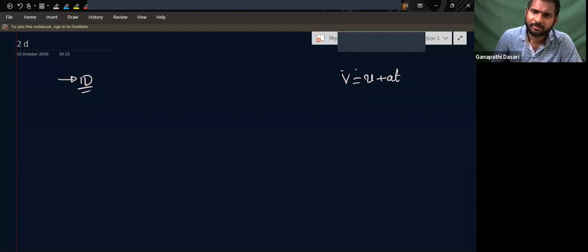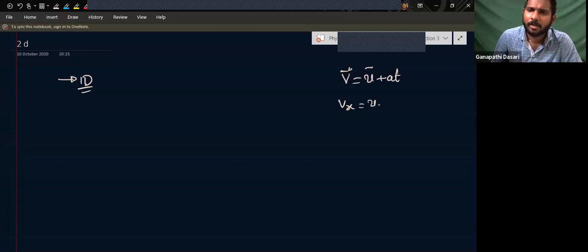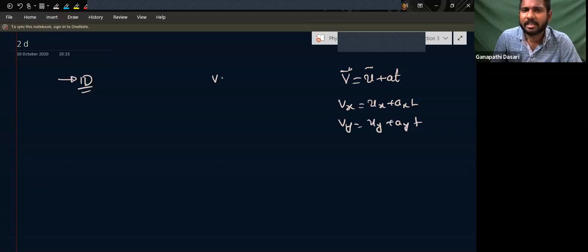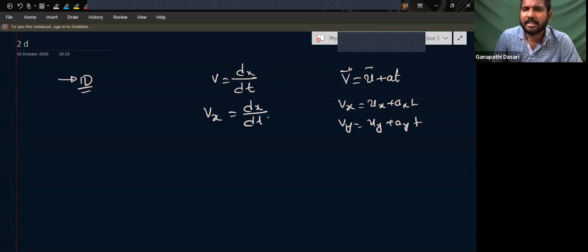Here, vx is equal to ux plus axt, and vy is equal to uy plus ayt. What we studied, velocity is equal to dx by dt. Similarly, vx is equal to dx by dt, and vy is equal to dy by dt.